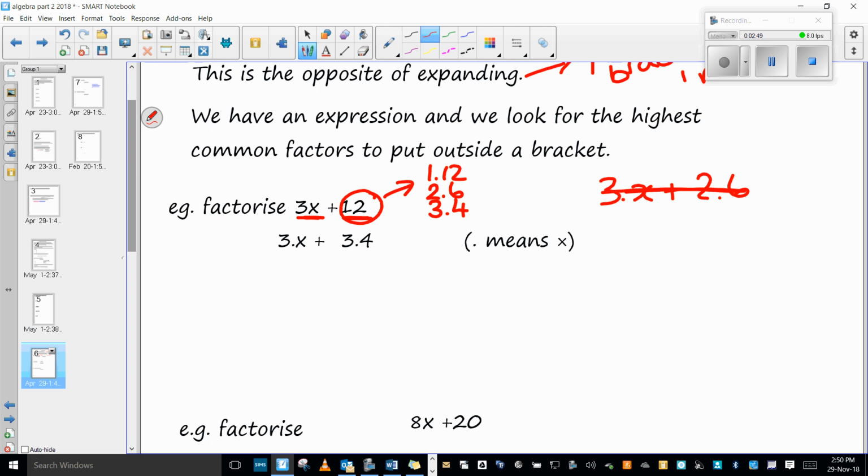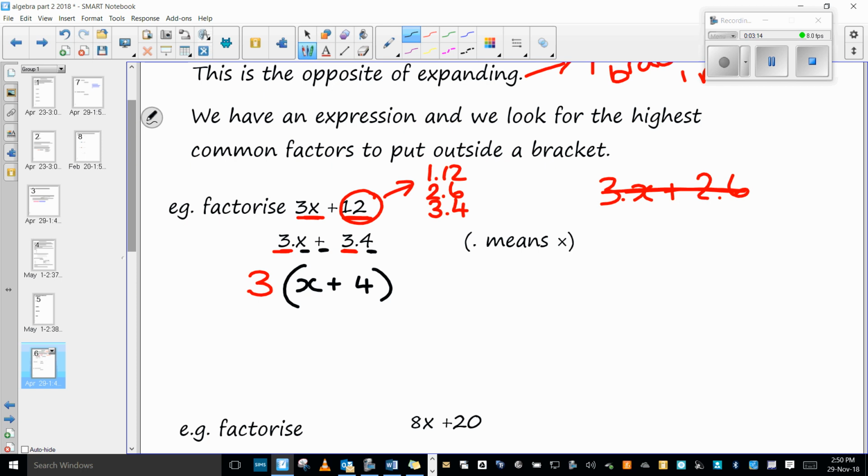Okay? So, now I've rewritten it like this, I can see that this 3 here is common, isn't it? Same for both. That means that what I can do is write that number at the front, and then anything that I hadn't underlined in red goes inside my bracket.